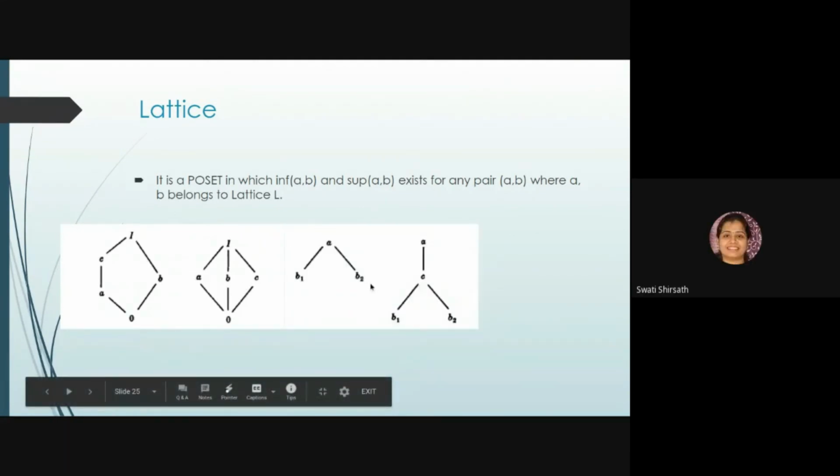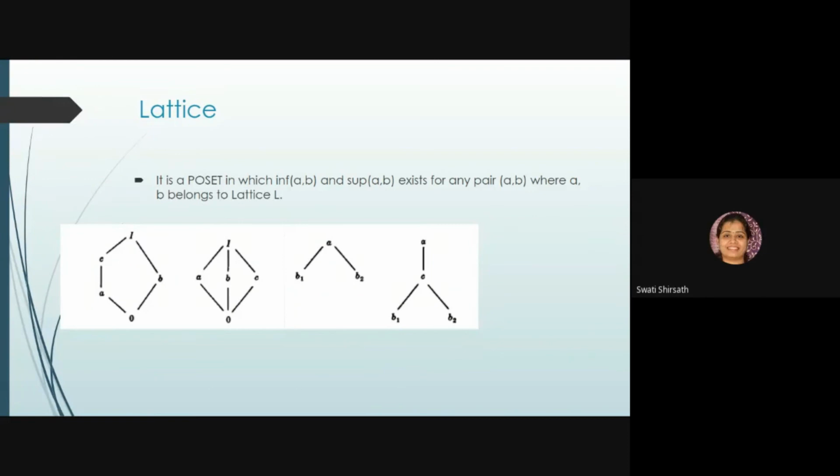Tell me whether these two diagrams are lattices or not. No. Tell me the GLB of B1, B2. A unique GLB is not possible. For B1 and B2, they are not connected. For B1 and A, you can say that B1 is GLB and A is LUB.